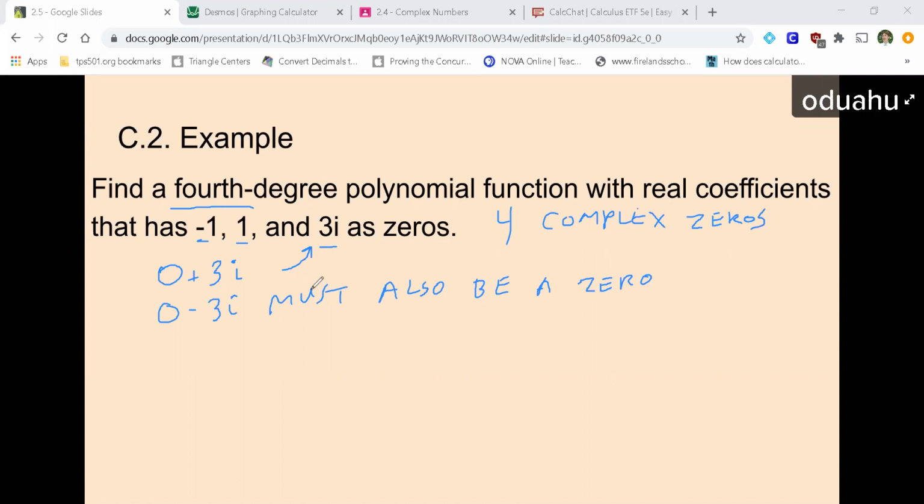So negative 3i is a 0, and now I have 1, 2, 3, 4. I have all 4 complex zeros that I'm supposed to have.